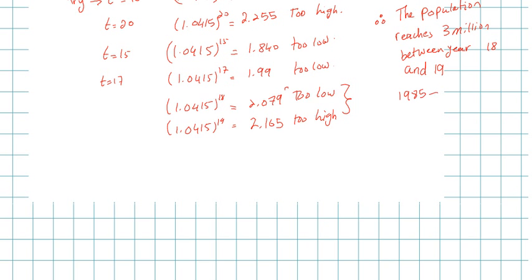So between the year 2003 and 2004, this is when my population will reach 3 million people. So this one is 1985 plus 18. That's what I'm confused about.